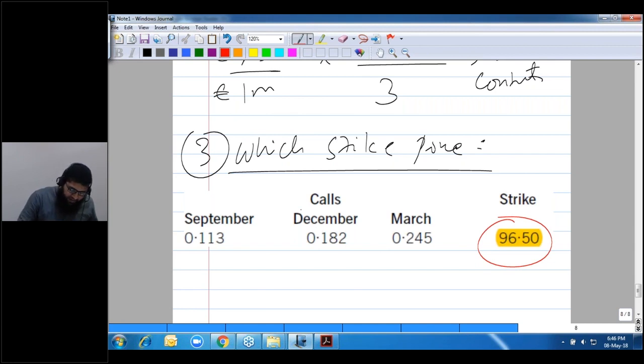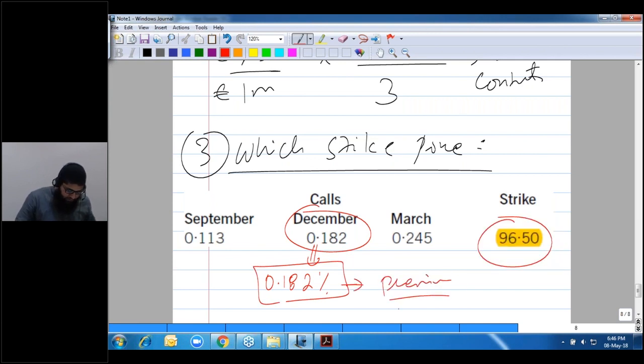Now what is this indicating? We are going for calls, and that too December calls. Now this 0.182 is a percentage and it reflects the premium.